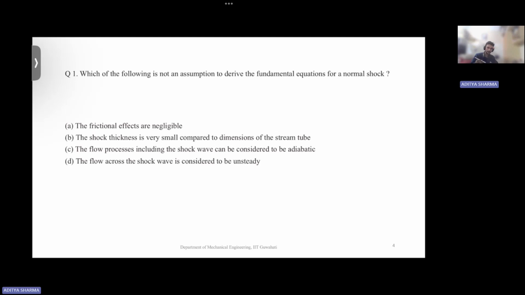So, the question says: which of the following is not an assumption to derive the fundamental equations for a normal shock?